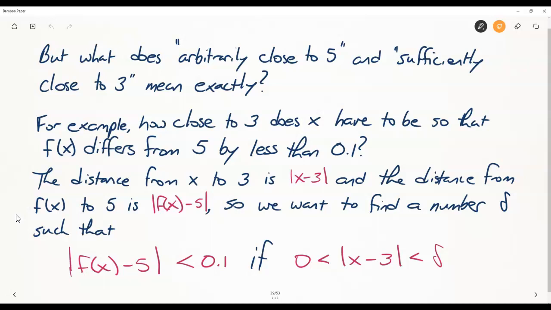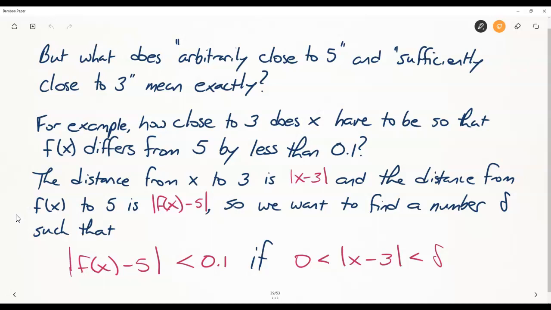This is going to take a little work, and at first glance, it's going to appear that we're doing the same work twice. But bear with me, the first half of the problem is just to figure out what number delta is supposed to be.